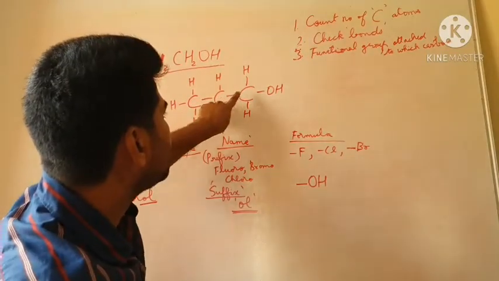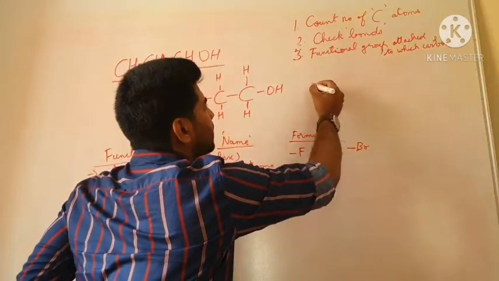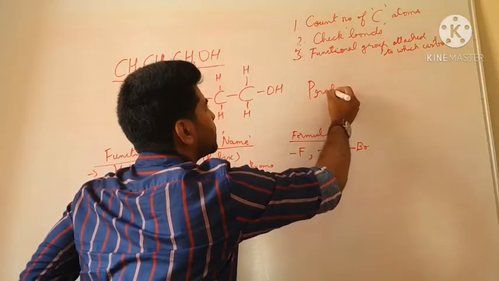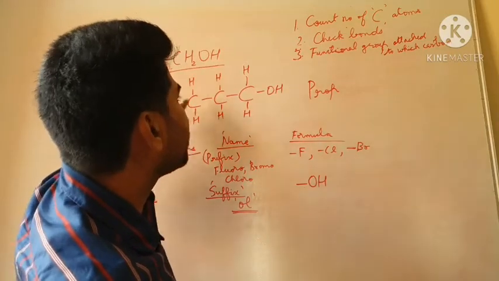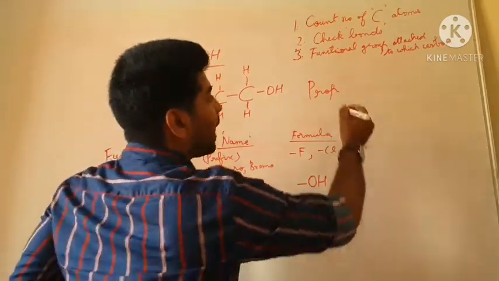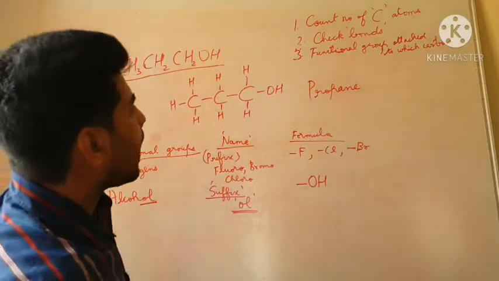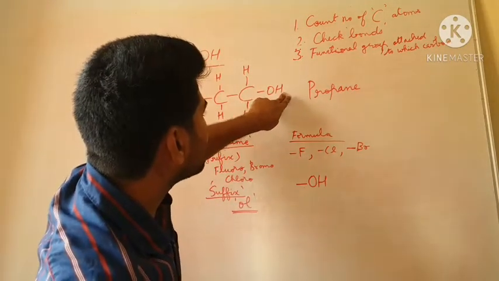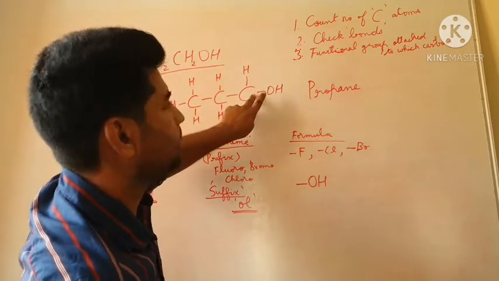There are 3 carbon atoms, so the name will begin with prop. All single bonds are present, which means it is an alkane, propane, and there is an alcohol group, OH group, attached to the carbon.